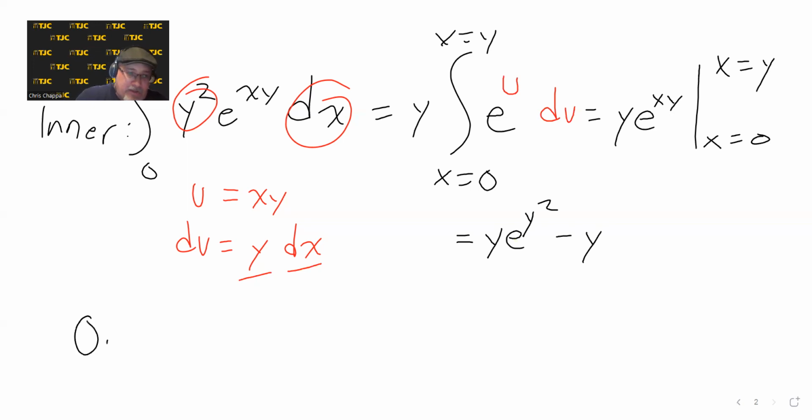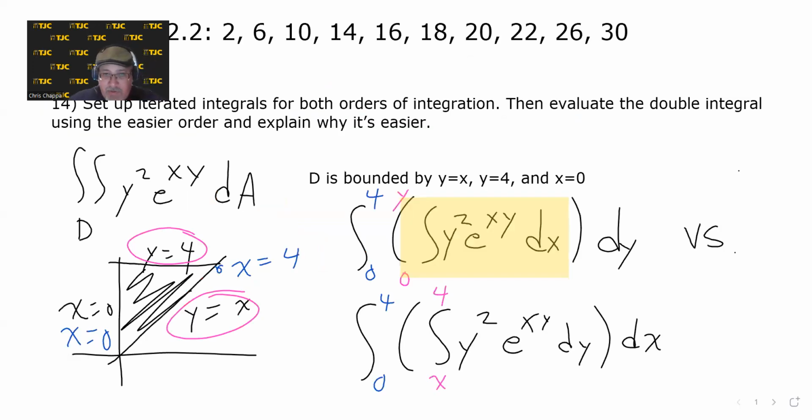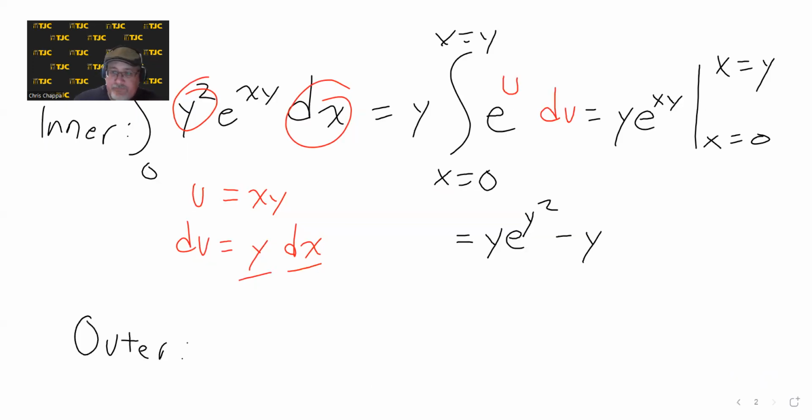The outer integral, I believe, was from 0 to 4. We can go back and look. Yes, we're doing the top. So the outer integral was 0 to 4 of what we have, dy. Integral 0 to 4 of y e to the y squared minus y dy.